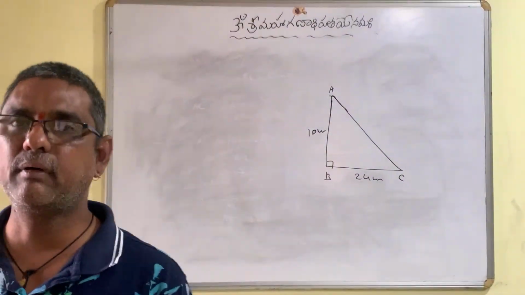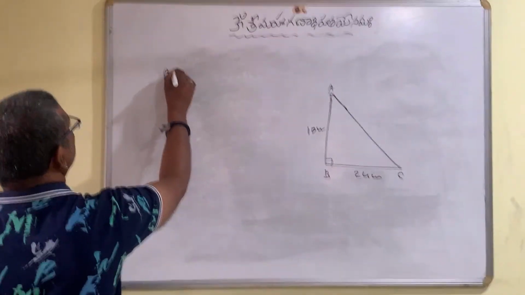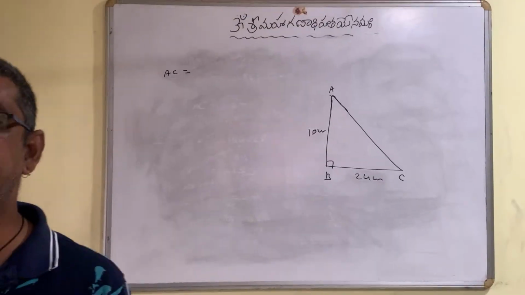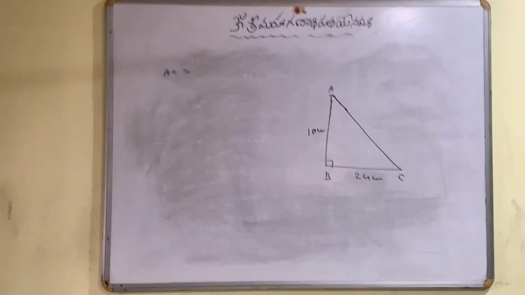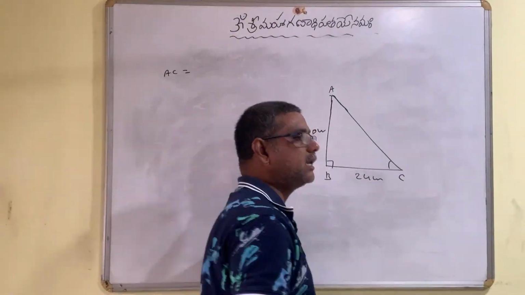Find the remaining trigonometric ratios. Find the AC first. Then write all the trigonometric ratios with respect to angle C.